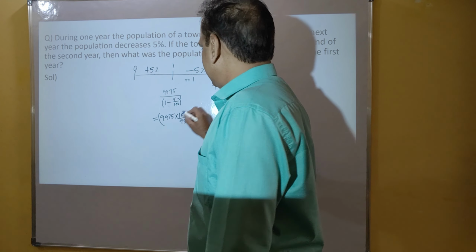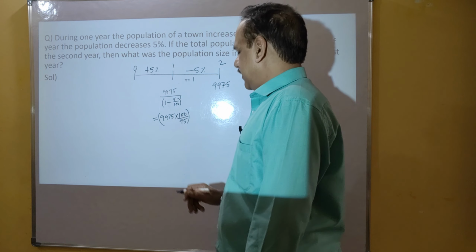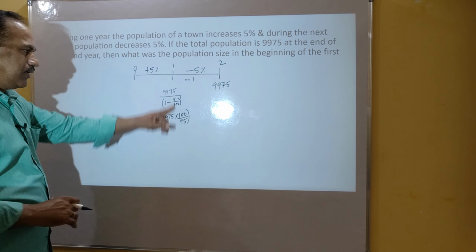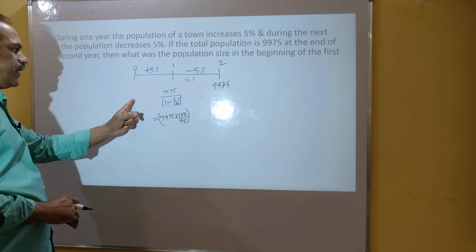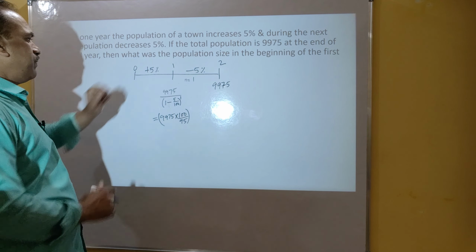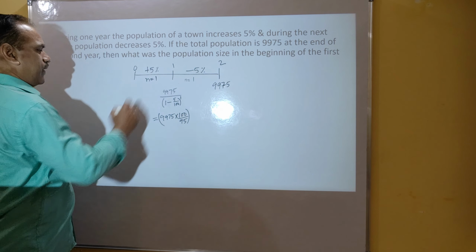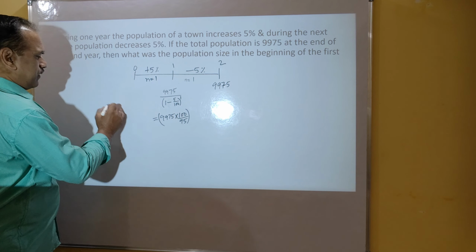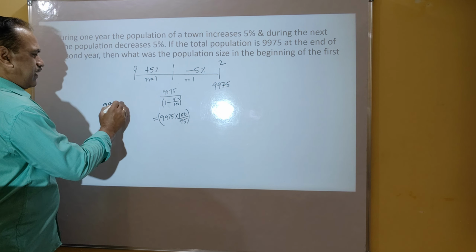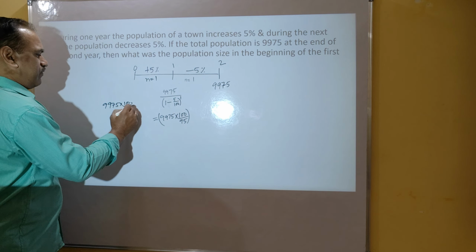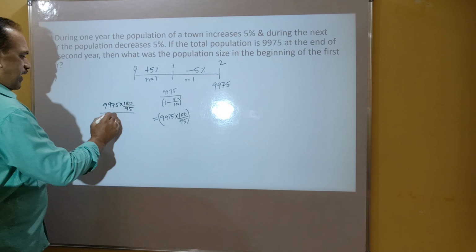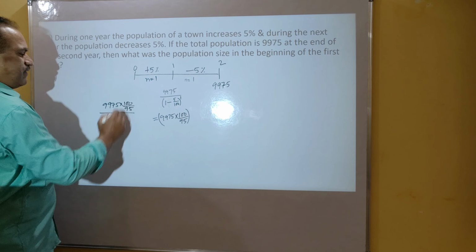Right? So this is the population at the end of first year. Now currently we are here. We need to find population 1 year ago again with a plus 5% and n equal to 1. So it is this population 9975 into 100 by 95, divided by 1 plus, here.